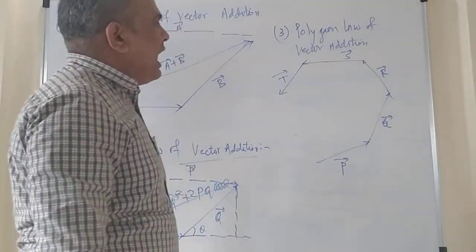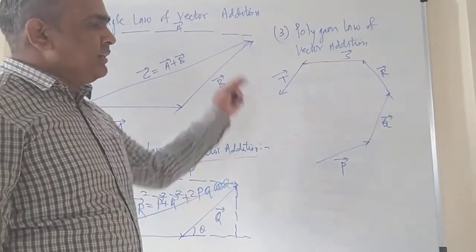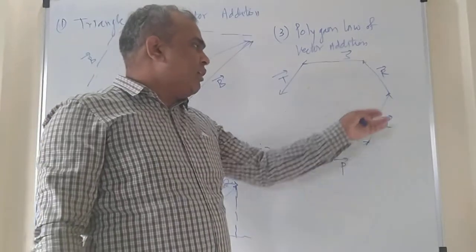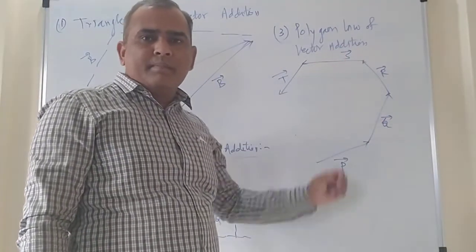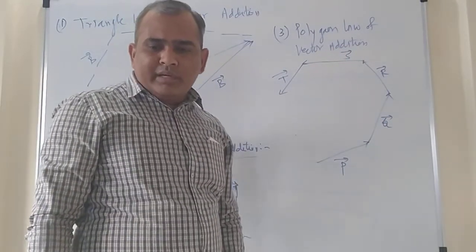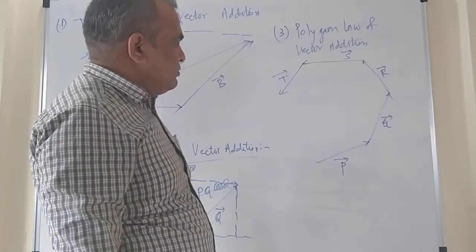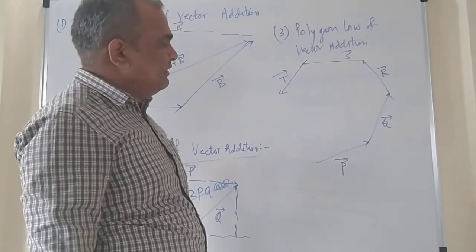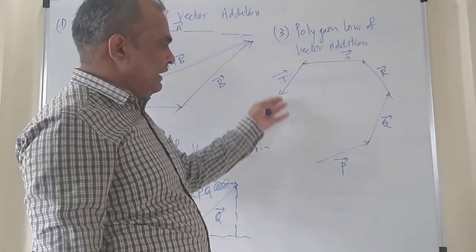So P, Q, R, S and T, all these vectors are in a particular order. Clear? And if you want to calculate the resultant vector, the resultant vector will be in the opposite direction.